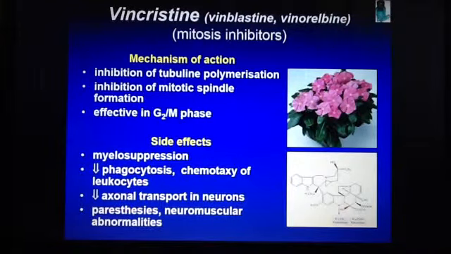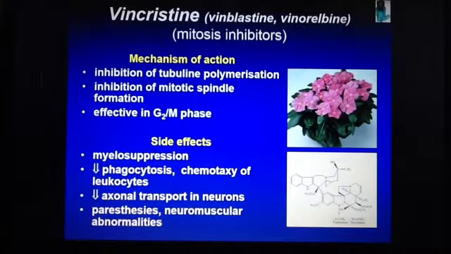So vincristine, vinblastine, vinorelbine, and the others. These are mitosis inhibitors. MOA: inhibition of tubulin polymerization, inhibition of mitotic spindle formation, effective in the G2-M phase. Side effects: myelosuppression and a decrease in phagocytosis, chemotaxis of leukocytes, and a decrease in the axonal transport in neurons.